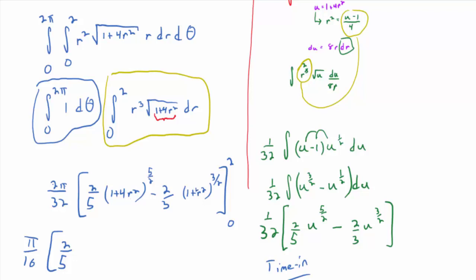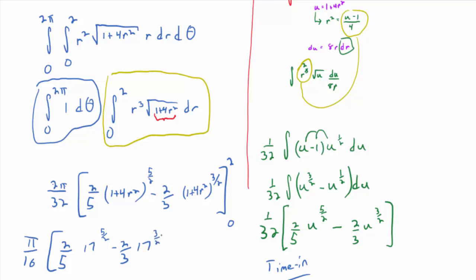Should have been 4r squared. Okay. Now, what do you get when you plug in 2? Isn't that going to get me 17 inside the parentheses? So 2/5, 17 to the 5/2, minus 2/3, 17 to the 3/2. It's getting ugly.